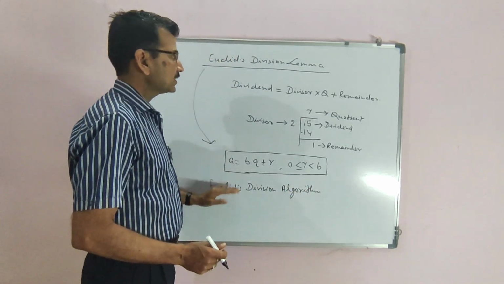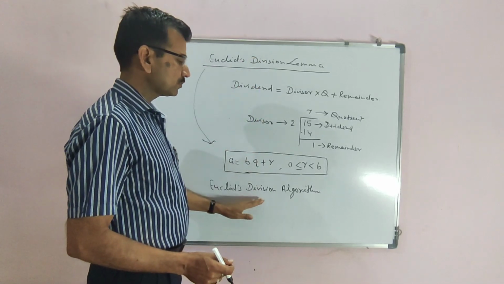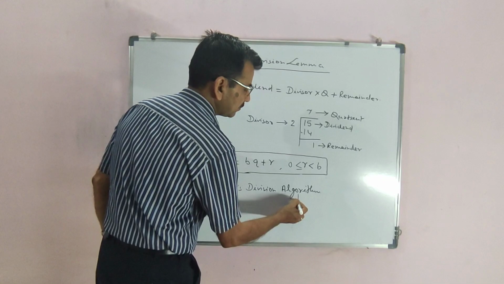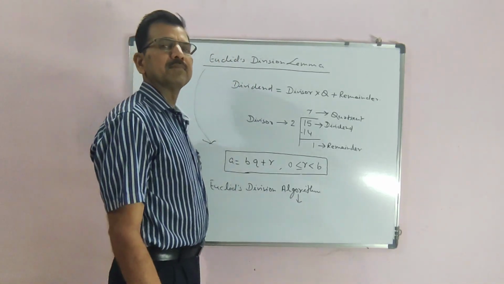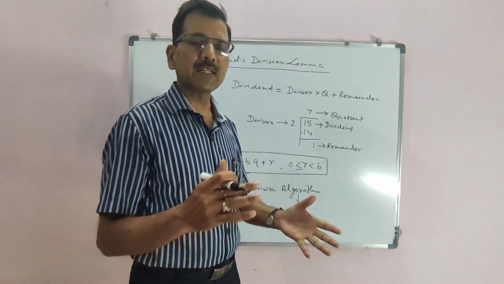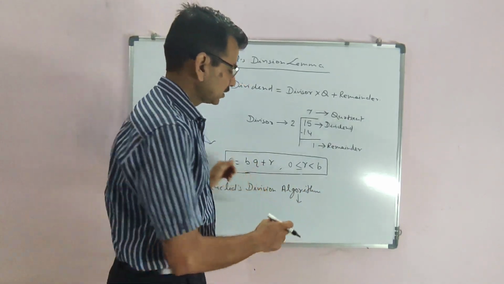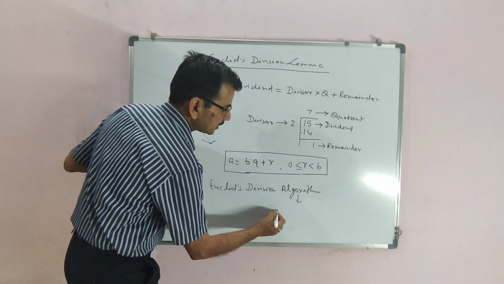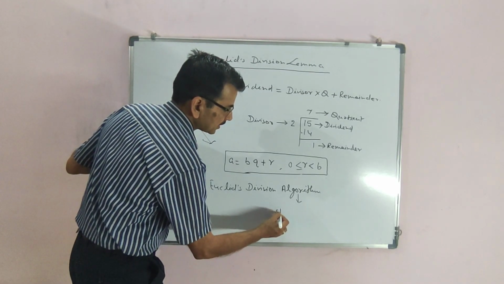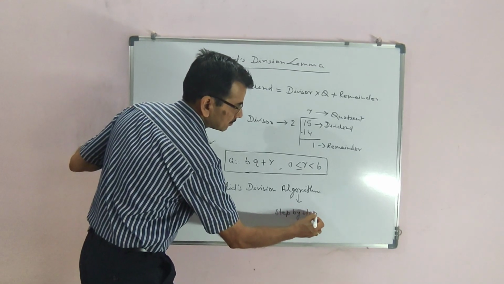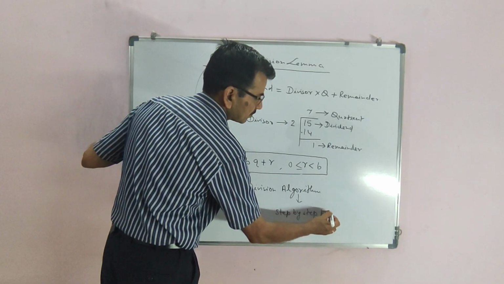Okay. So Euclid's division, we know that process of division. What is the meaning of this algorithm? Because it comes that solve the question by Euclid division algorithm. So algorithm is the step by step procedure.